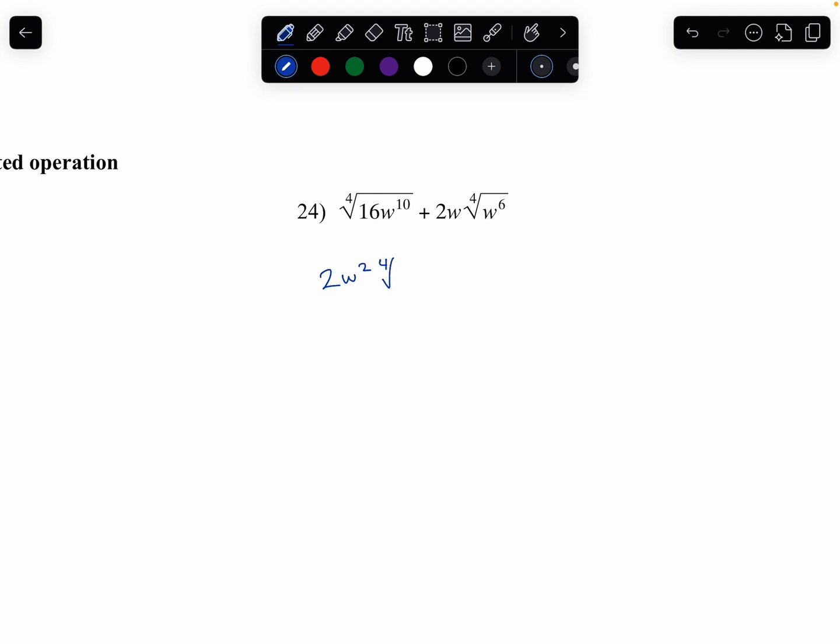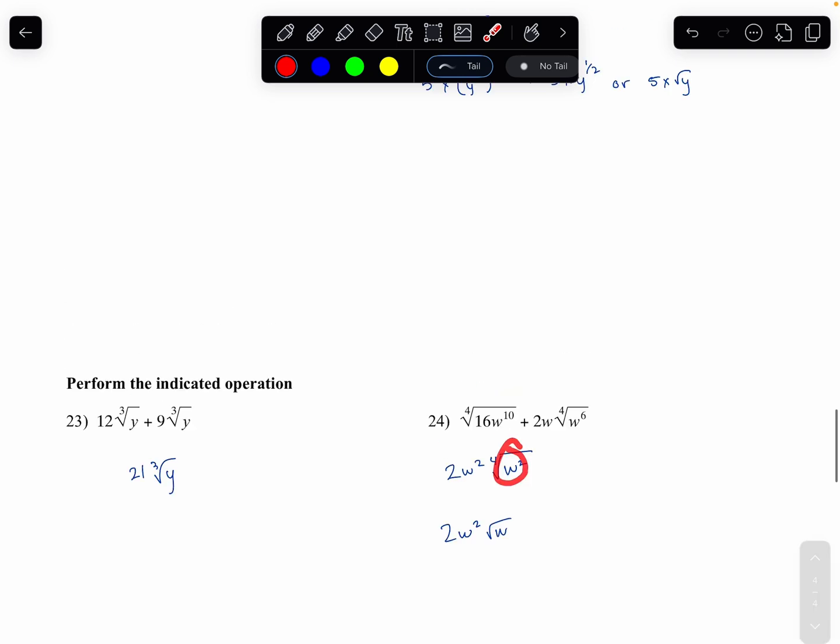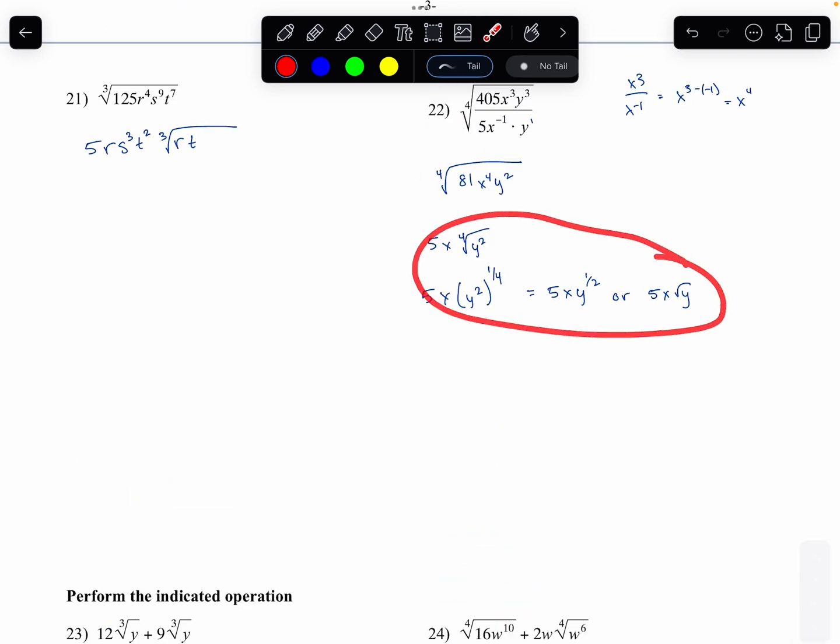And then I would have w squared left over, right? So then I can write that as 2w squared, and I can write that as just square root of w, because I can simplify this the same way I simplified it up here.